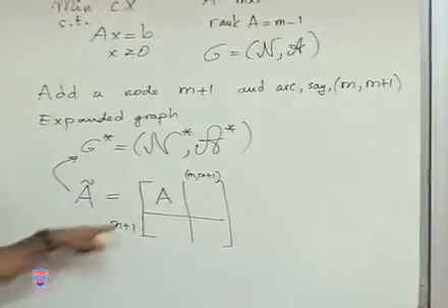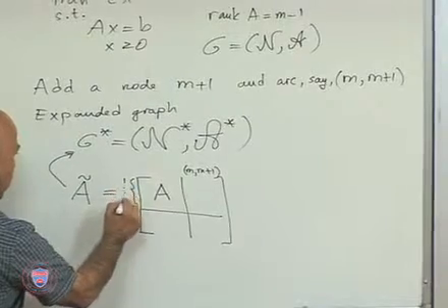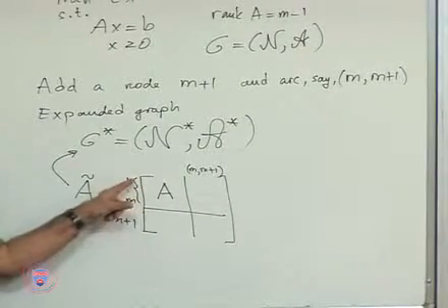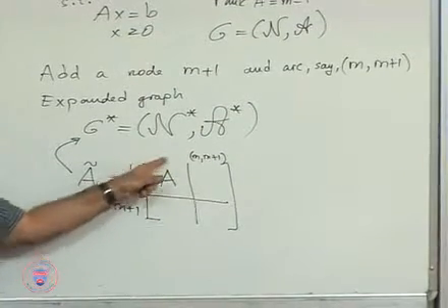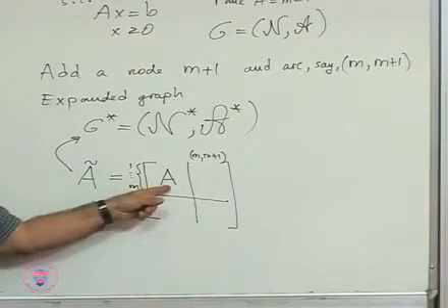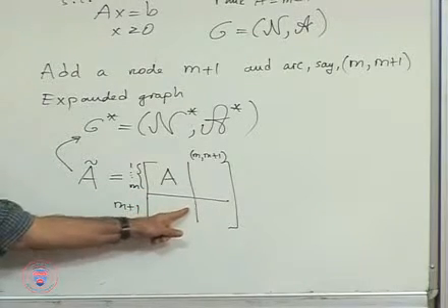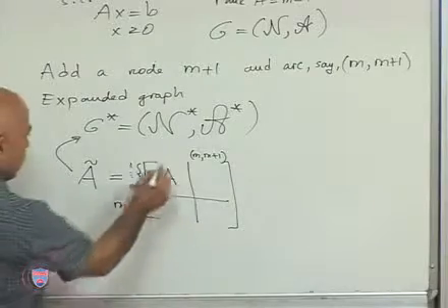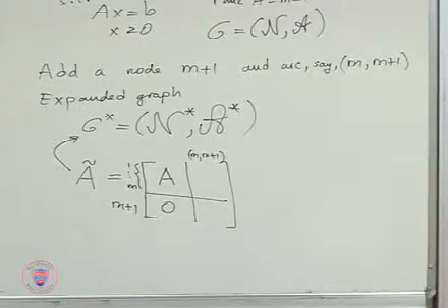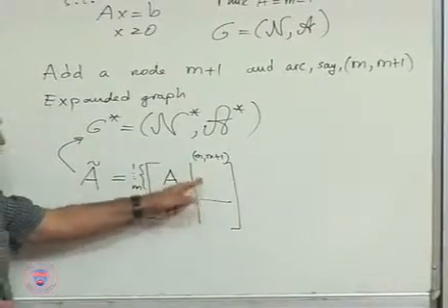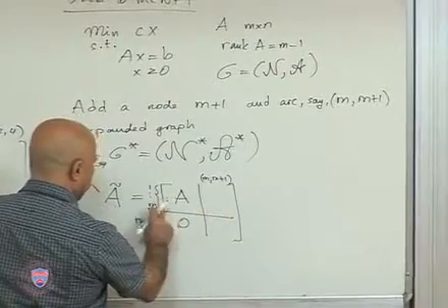Now when you did that, the first portion corresponding to original rows 1 through m and original arcs is defined by A, so you preserve that. Over here, none of these arcs touch the new node, so this is a vector of zeros. Over here, we have a plus 1 in position m.